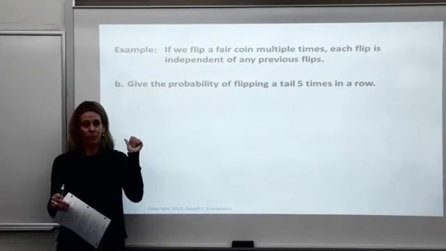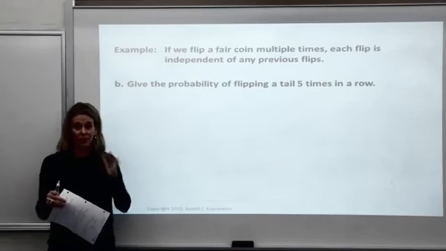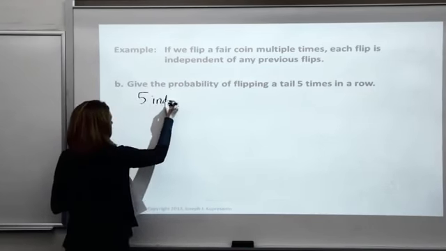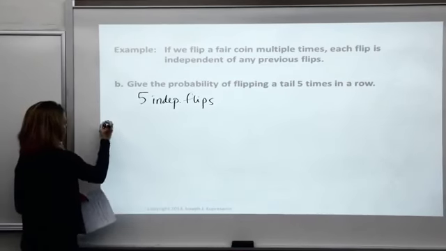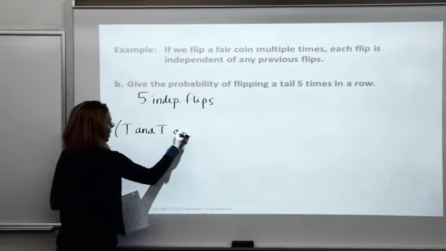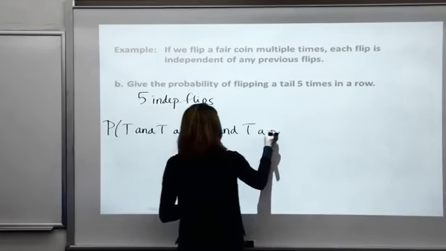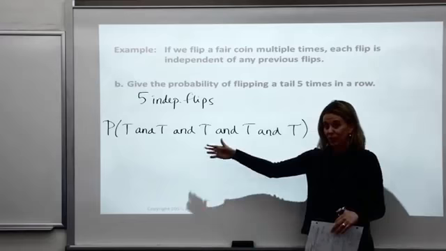The first flip is independent of the second, independent of the third, the fourth, the fifth. So we have 5 independent flips. And we want to know the probability that we get tails, and tails again, and tails again, tails again, and tails again.